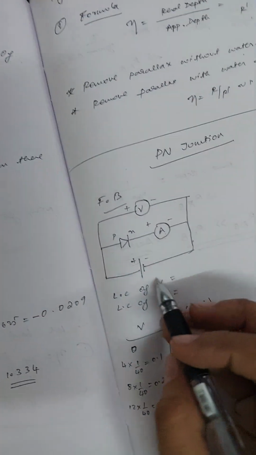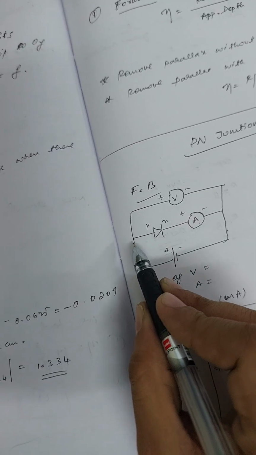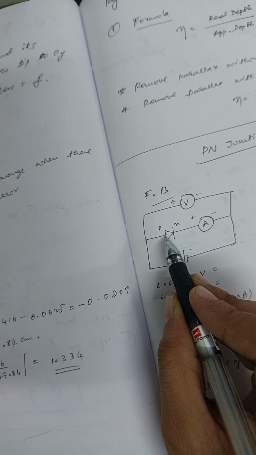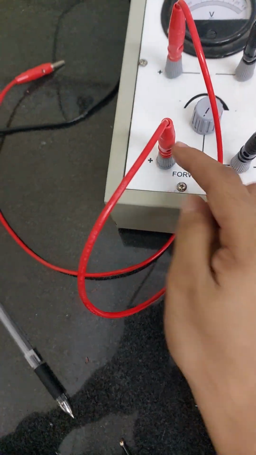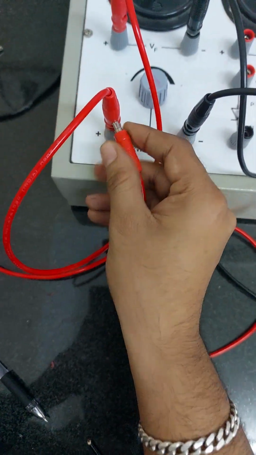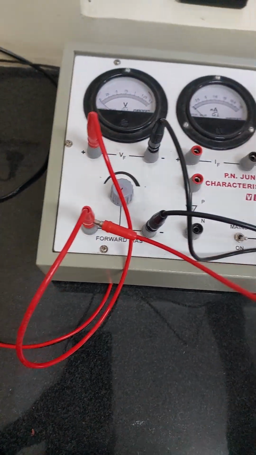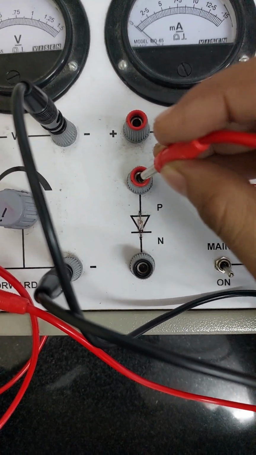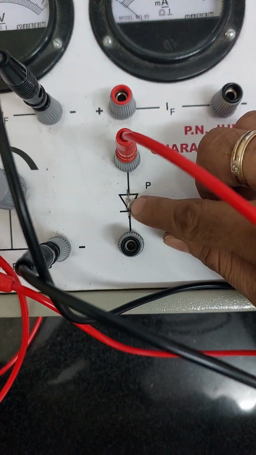Then battery positive is also going to the P type of the diode. That's why I took a wire which has a hole in it. So battery positive to the P side of the diode. This is the P type of the diode, there is the diode here.